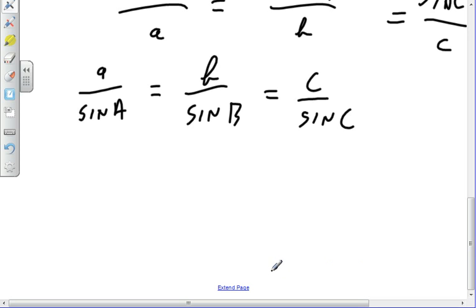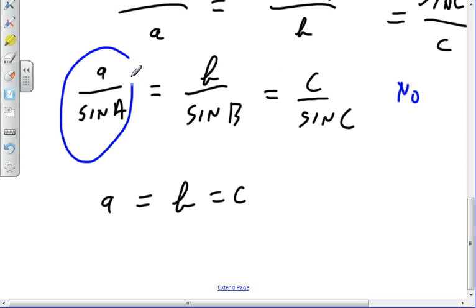Now, put on your mathematics hat. If I say A is equal to B is equal to C, what does that mean? It means they're all equal to the same. Does this mean they're all equal to each other? No, it doesn't.